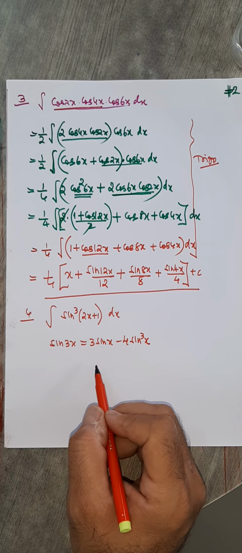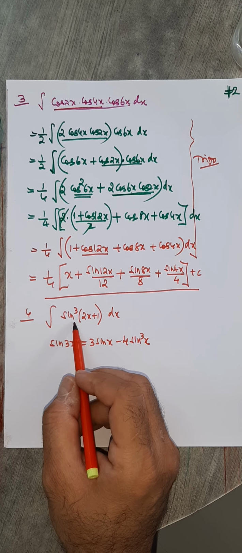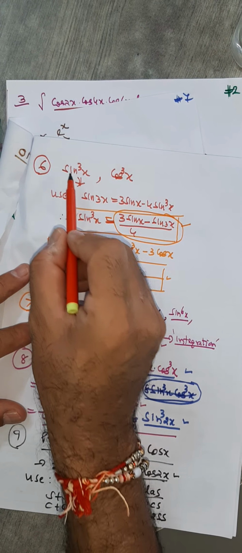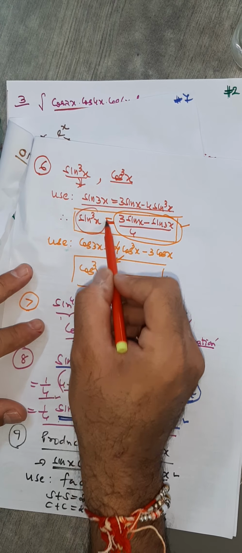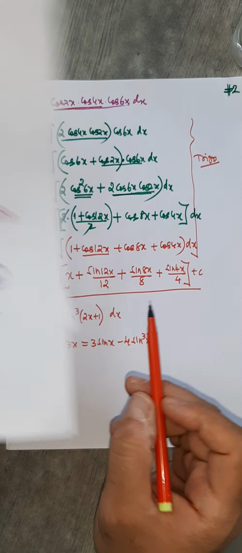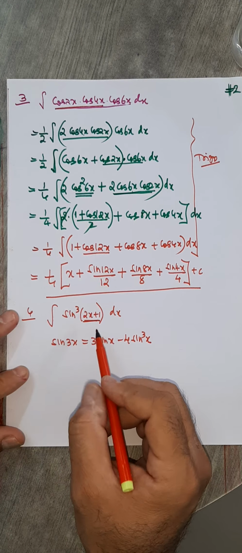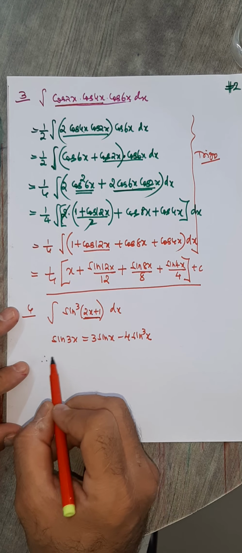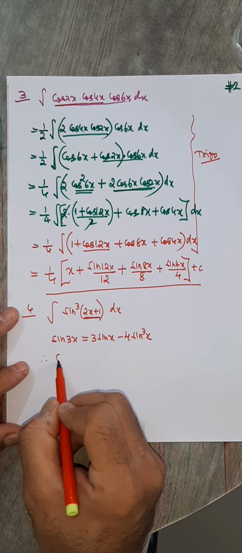One of the points to remember, I told you, point number 6: when you have sine cube and cos cube, use this formula and make sine cube the subject of the expression. So I'm using this. The 2x plus 1 is not important because it's just a linear function. So I'll take this one over here.